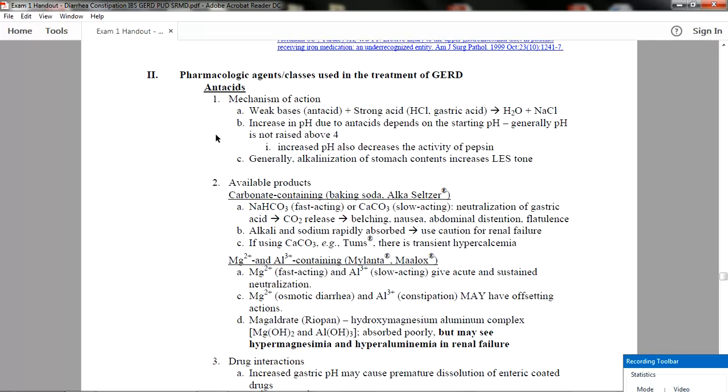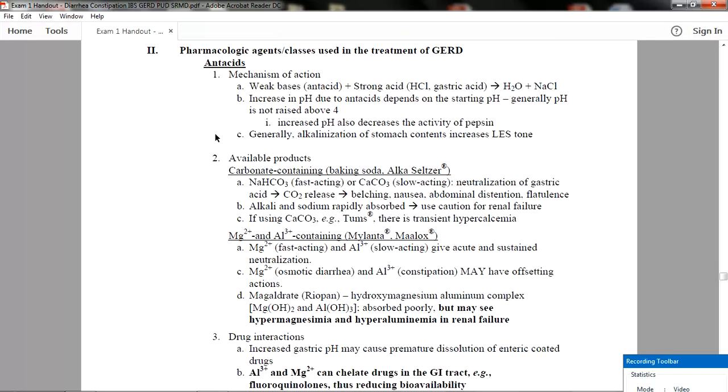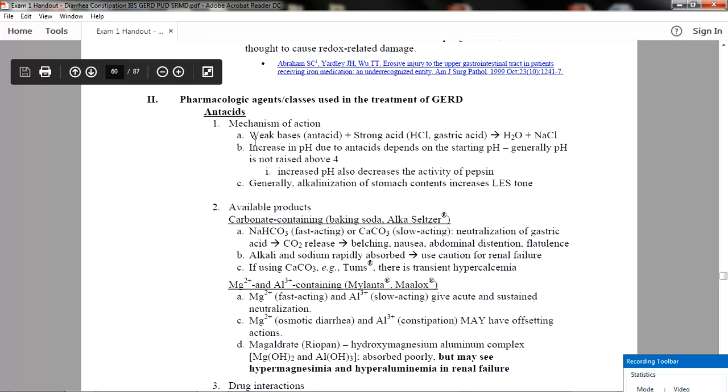For the pharmacologic agents for GERD, of course we have antacids, and I don't have a lot of complicated stuff here. Antacids are weak bases. They react with the strong acid, HCl, to produce water and sodium chloride, or salt.